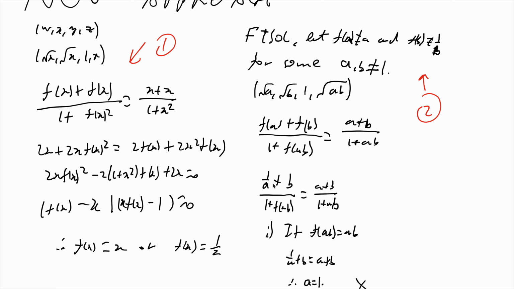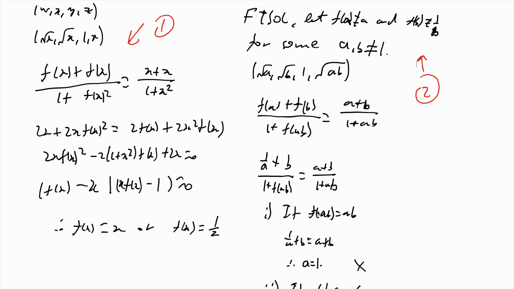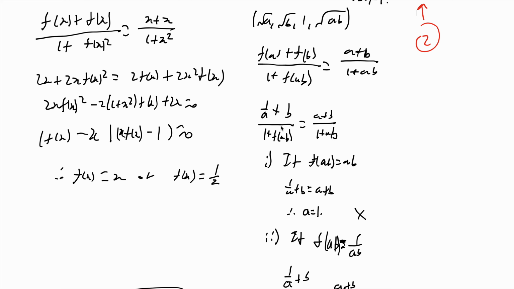Then continuing, we have this one right here. So what this is saying right now is if this is true, then this is true. Then for this to be true, we need to check if this can be true.